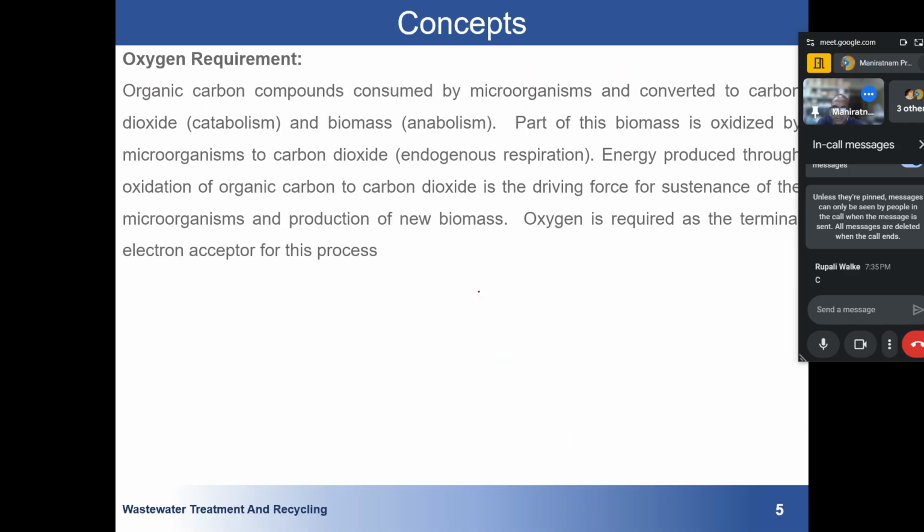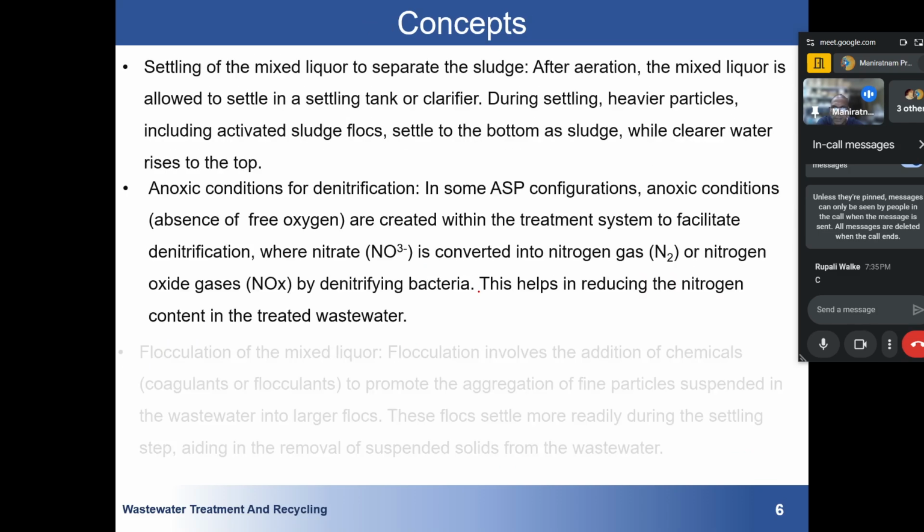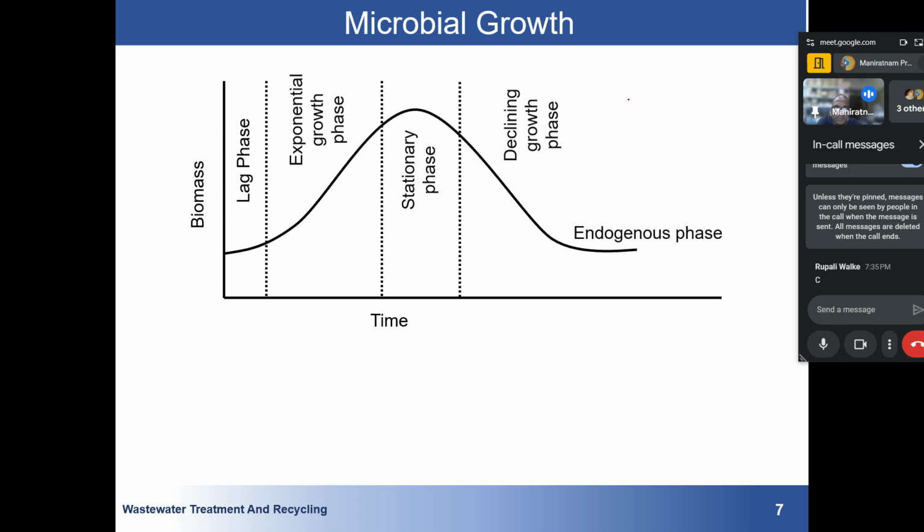So this is our microbial growth: how microbes are born, how they pass through different phases, and finally die. Suppose this is your system containing organic matter, and you introduce some microbes into it.